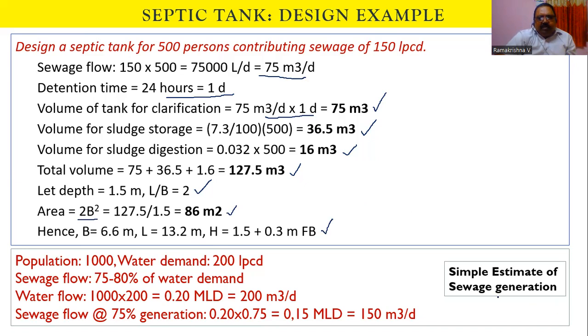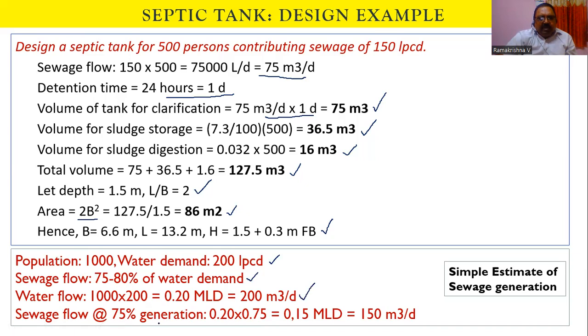A simple estimate of sewage generation, as a thumb rule: say 1,000 population, and if you estimate the water demand in that region as 200 LPCD, the sewage flow will be expected around 75 to 80% of the water demand. So water flow is equal to 1,000 into 200, which is 0.2 MLD or 200 meter cube per day.